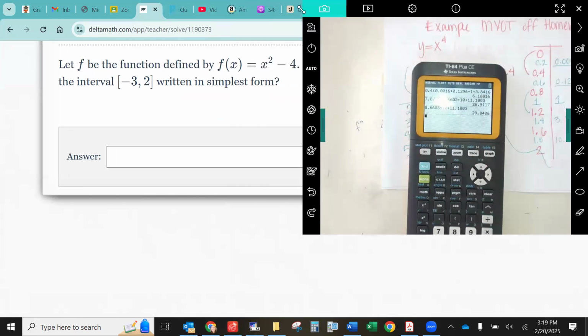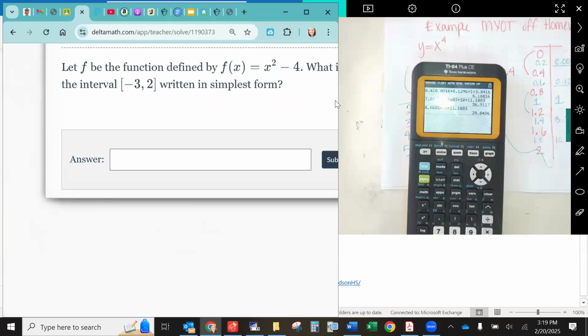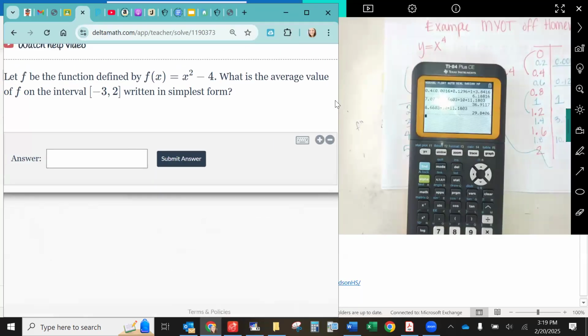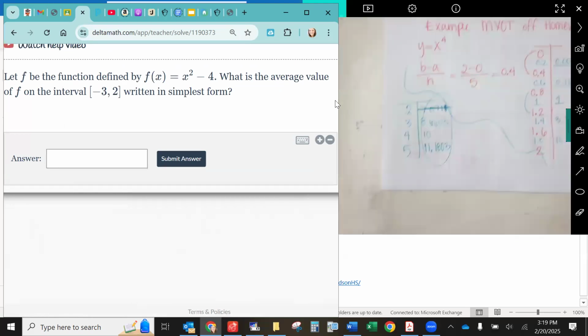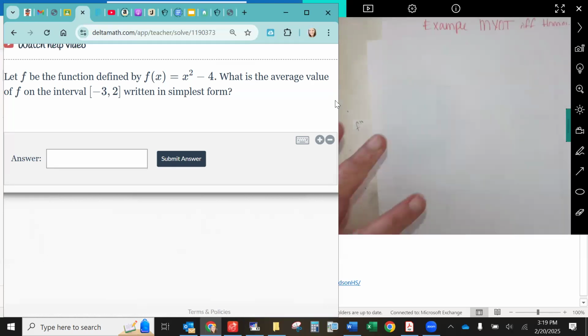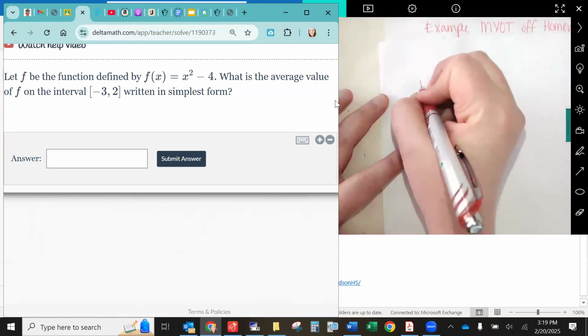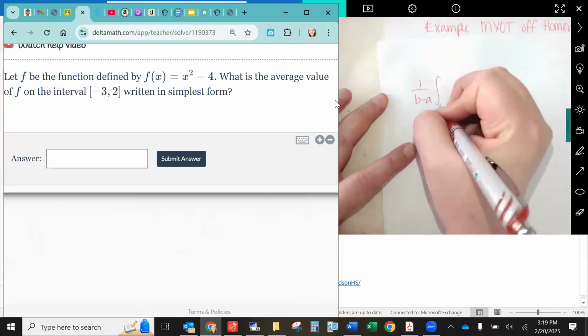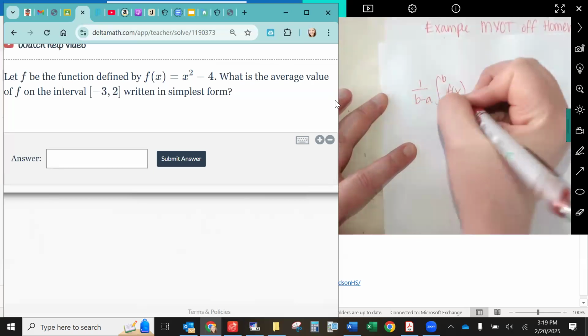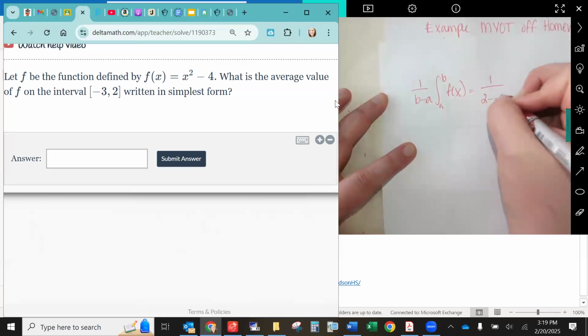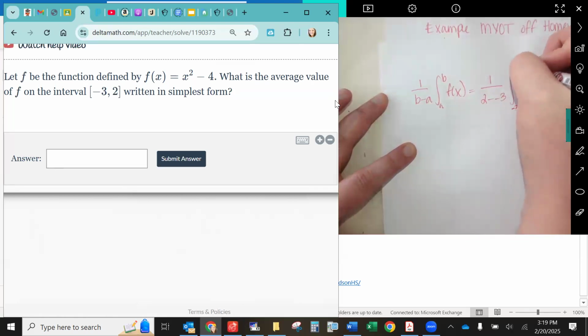Okay, so do you remember the formula for average value? So it was 1 over b minus a, integral a to b. 1 over 2 minus -3, correct? 2 minus -3, integral -3 to 2 of x squared minus 4.